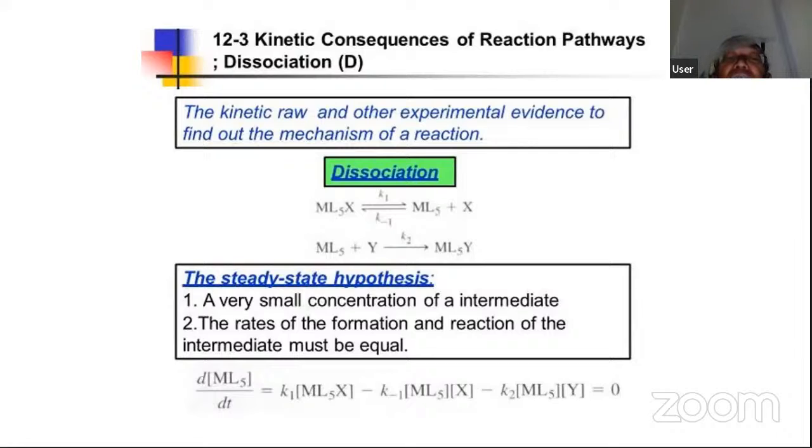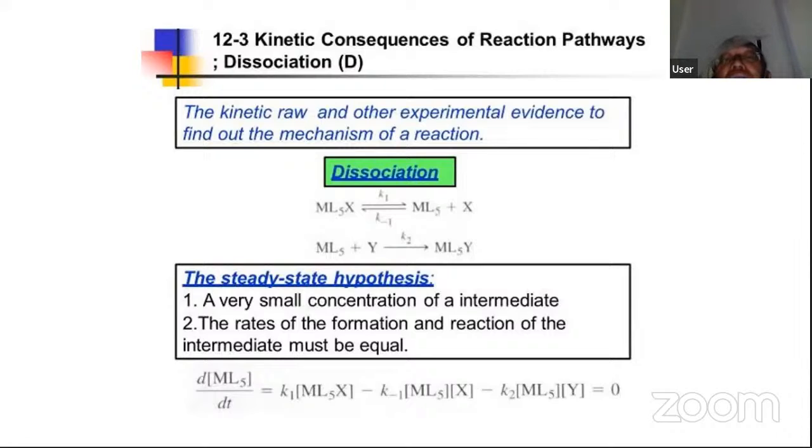When this rate constant is established, you can have the equilibrium constant, the capital K. Capital K, the equilibrium constant, is equal to K1 divided by K minus 1. So this is the scheme, and then your new ligand coming is K2.